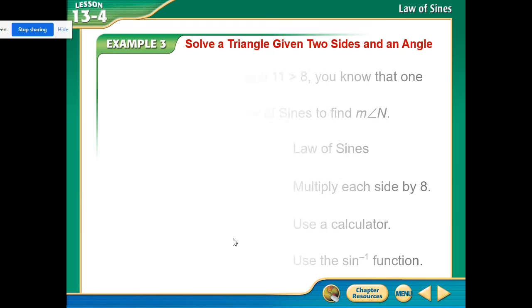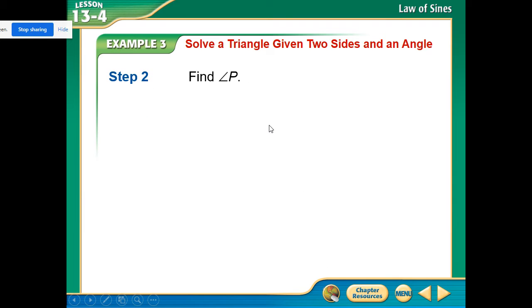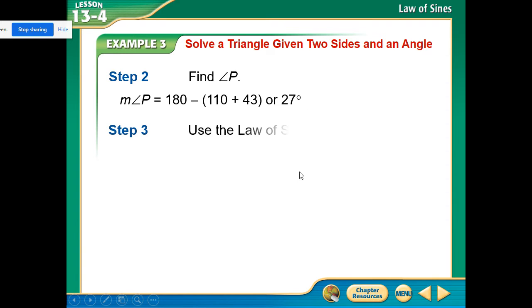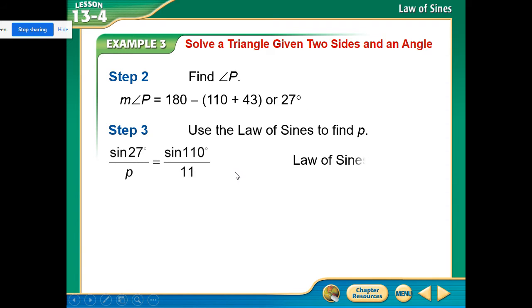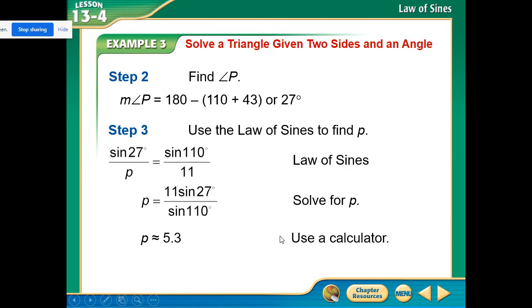And we get 43. Well, once we have that angle being 43, then we can find the other angle, which will then be 27. And once it's 27, we can do cross multiplying to find the last side, which is 5.3. And there you have your whole triangle.